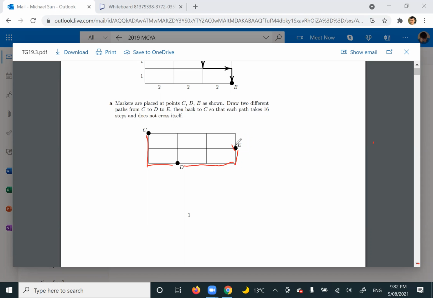Okay, so you're suggesting going this way, yeah? Yep. Okay. So let's look at the other conditions now, okay? So it says the path takes 16 steps and does not cross itself, okay? Does this take 16 steps?